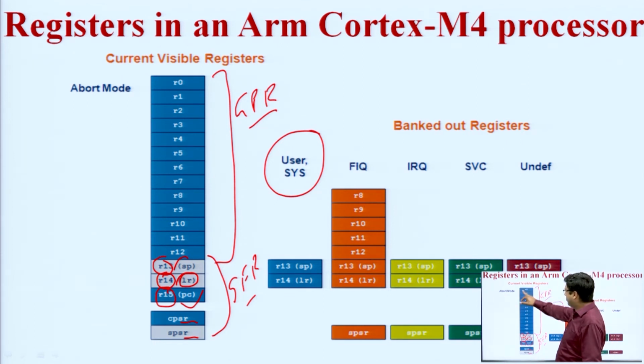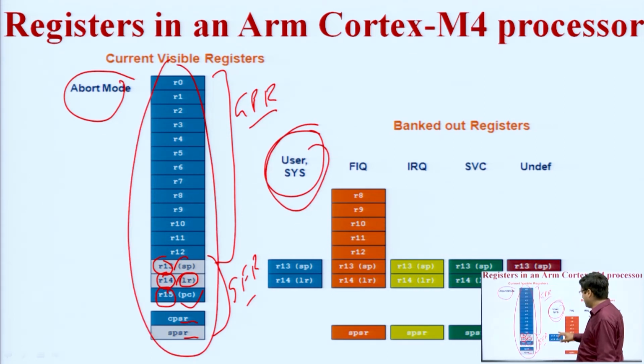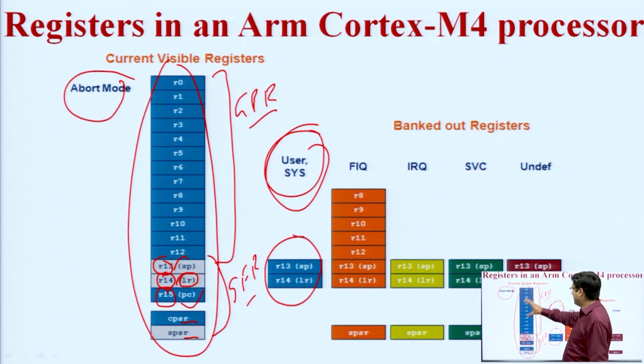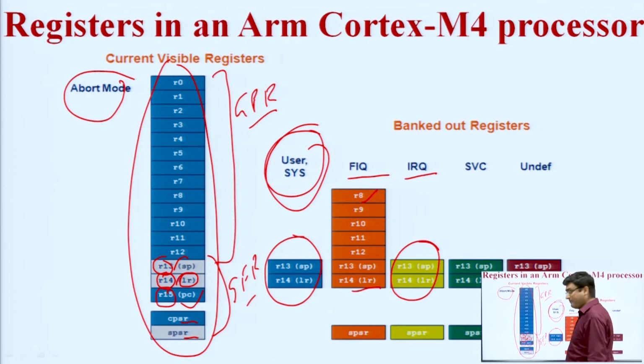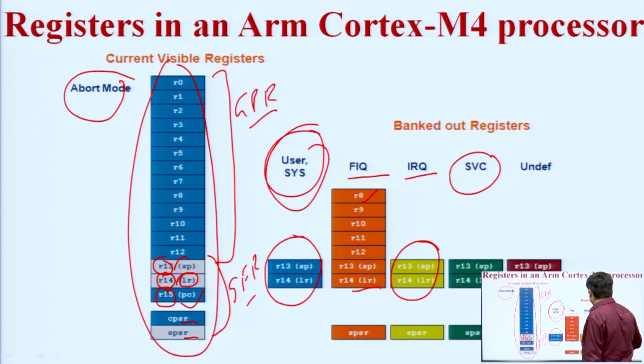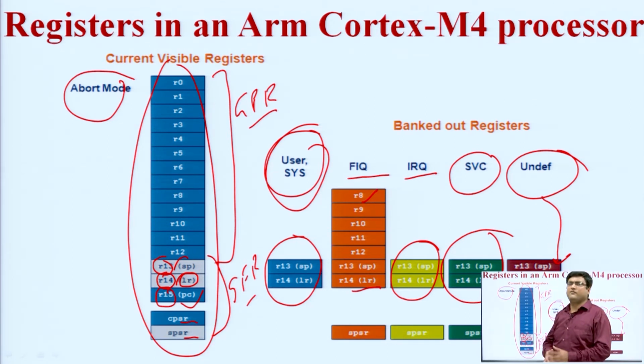For example, abort mode utilizes all the registers of the ARM processor, user mode utilizes R13 and R14, FIQ mode utilizes the R8 to R14 registers, IRQ utilizes the R13 and R14 registers, SVC supervisor mode utilizes the R13 and R14 registers, undefined mode utilizes R13 and R14. So we are changing the R13 and R14 registers according to the particular mode, and according to that mode, R13 and R14 values are changing.